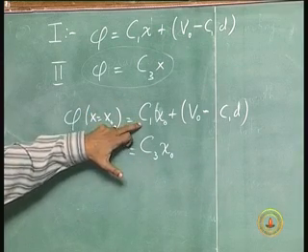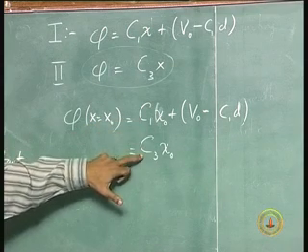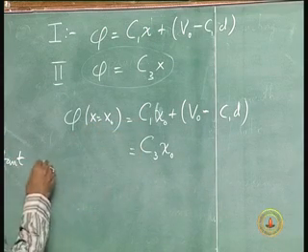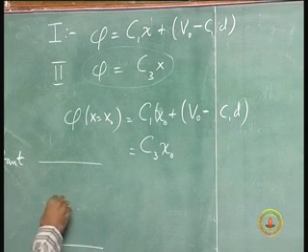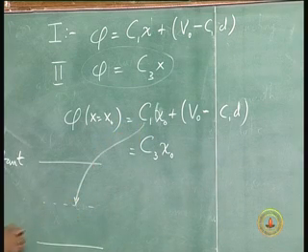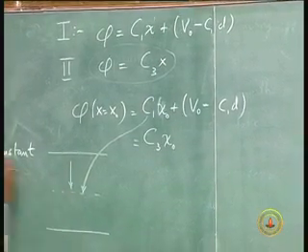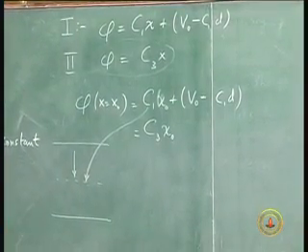In other words, I know that these two are both talking about the same potential. In this diagram, this piece is talking about the potential as I approach from above towards x equals x naught.